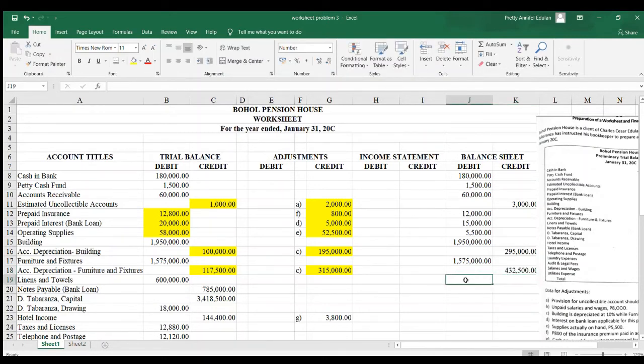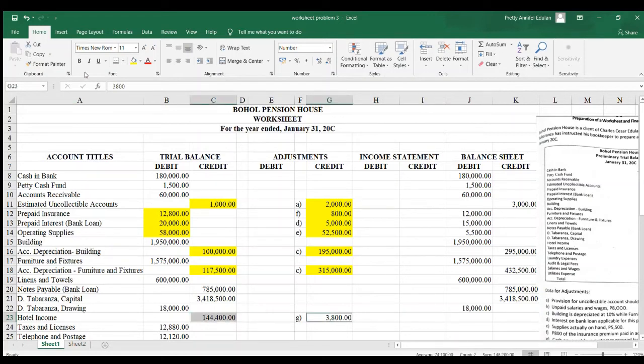Linens and towels, 600,000, so that is considered non-current. It is used for more than 1 year. Notes payable, this is a liability, so that is 785,000. We have the capital, 341,800. Drawing, 18,000.